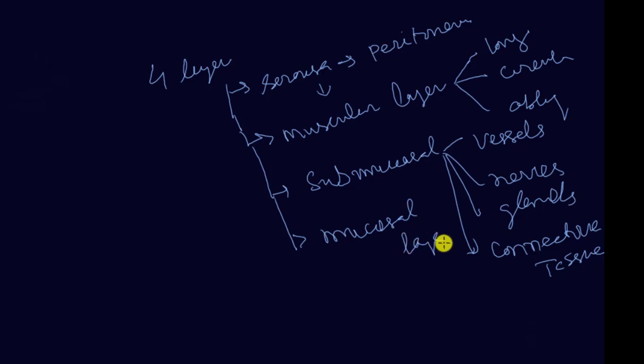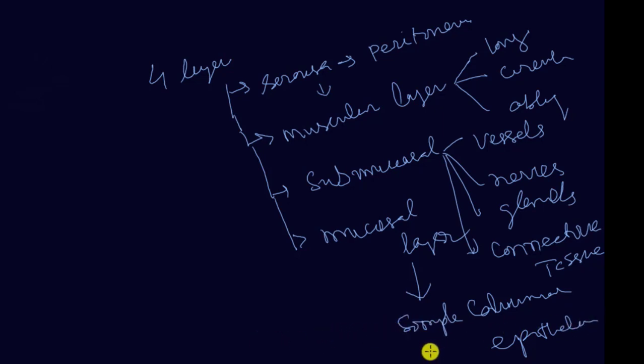So this mucosal layer is mainly the simple columnar epithelium. Another thing is the muscularis mucosae, which is not continuous.